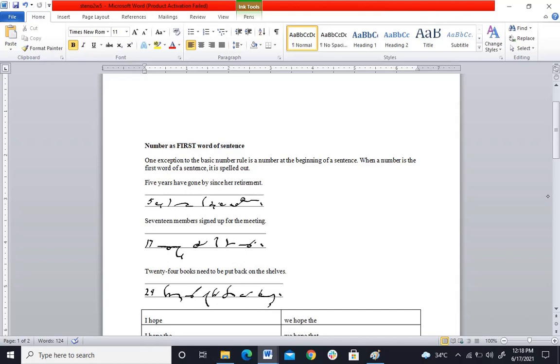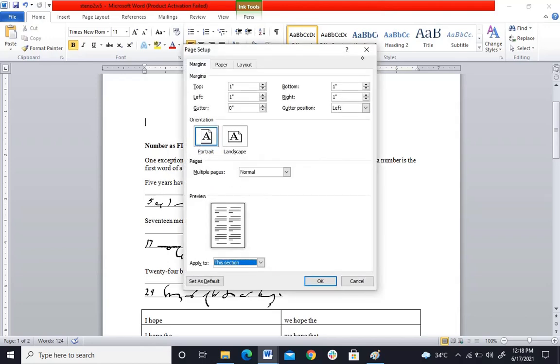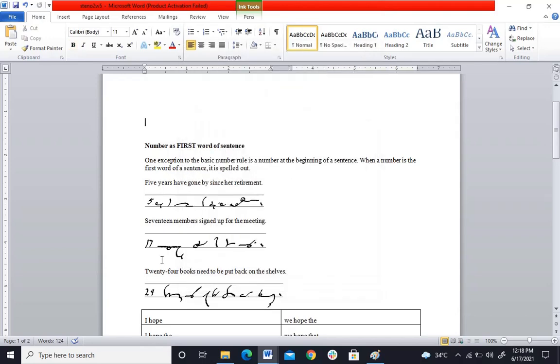That's the basic rule. Now, it says that when a number is the first word of a sentence, it is spelled out. So, like this, our 5, you're going to spell it out because it's first. That's the only exemption.